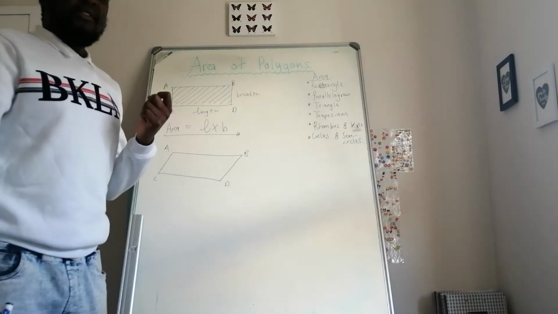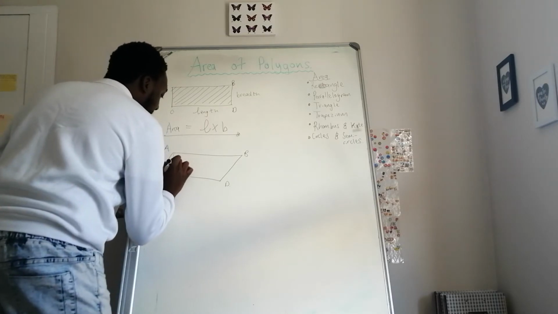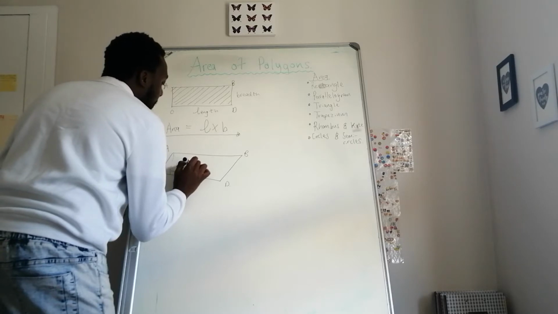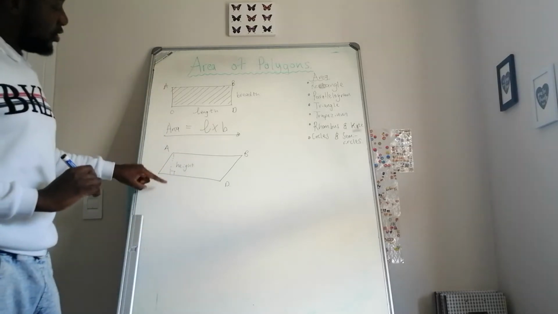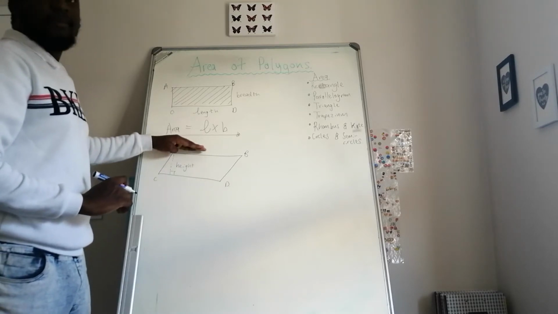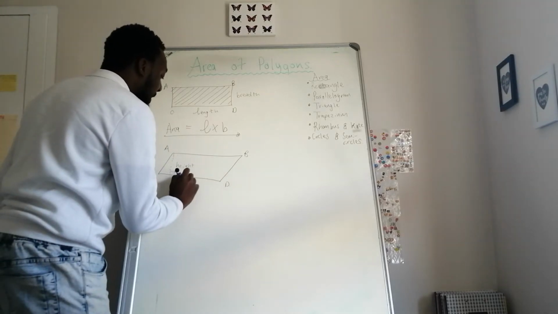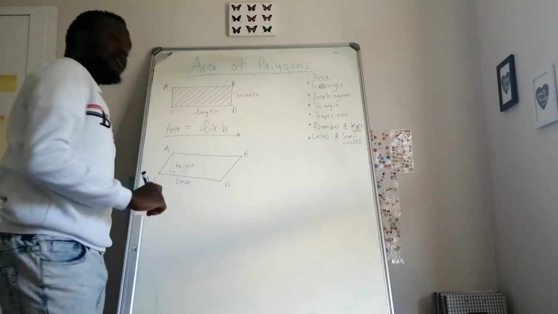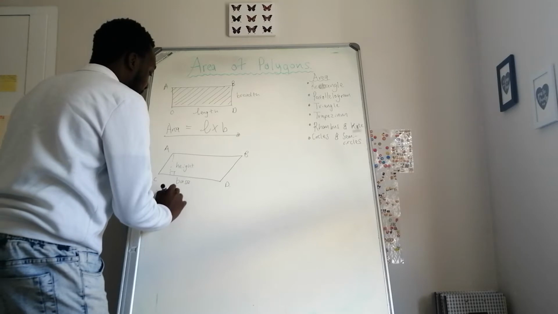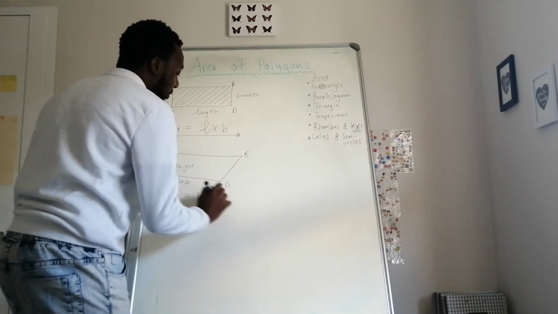If we're looking at a parallelogram, we are interested firstly in the height of the parallelogram, right? So the height is the distance from the base to the top. That is the height, right? And we're also interested in the base, the distance of the base. So the area of a parallelogram will be equal to the height multiplied by the base.